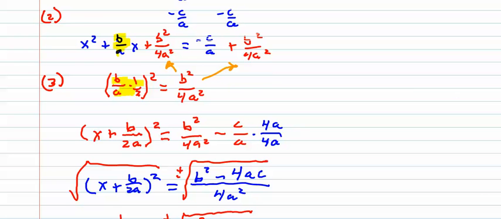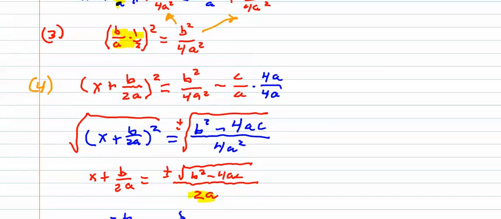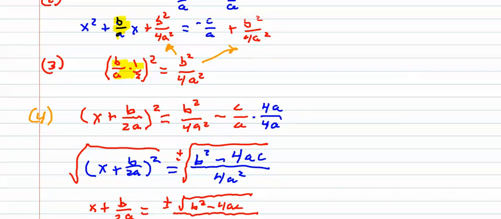I then factor my left-hand side. Remember, what times what gives me b squared? B. What times what gives me 4? 2. And what times what gives me a squared? A.